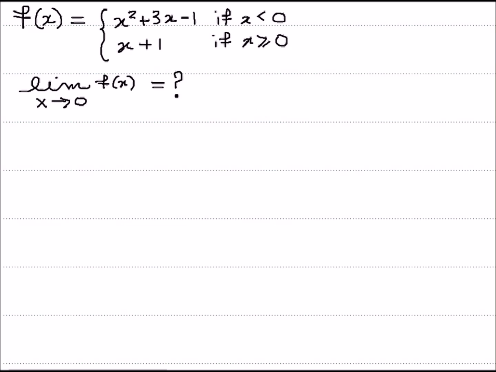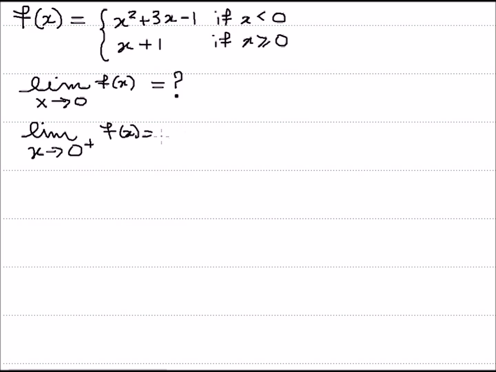Let's first start with the limit coming from the right. I want to look at the limit as x approaches 0 with values of x that are larger than 0, so I'll put a little plus here, of f of x.